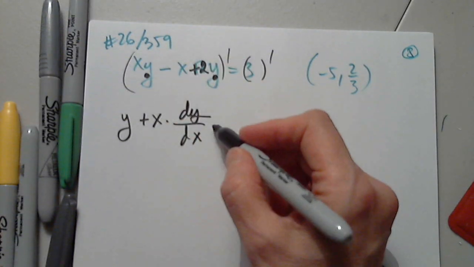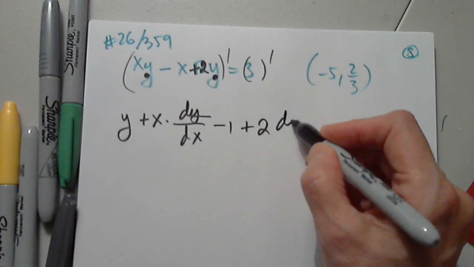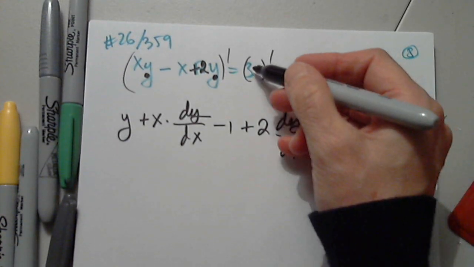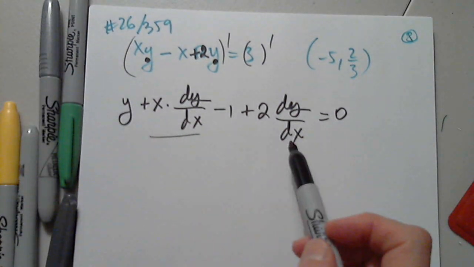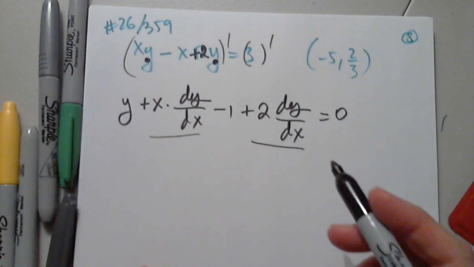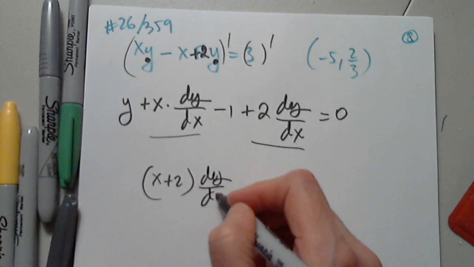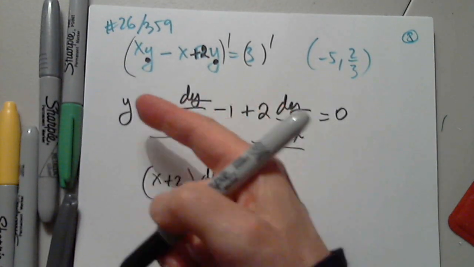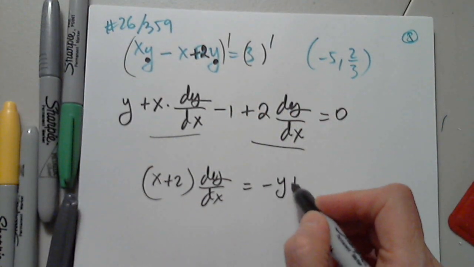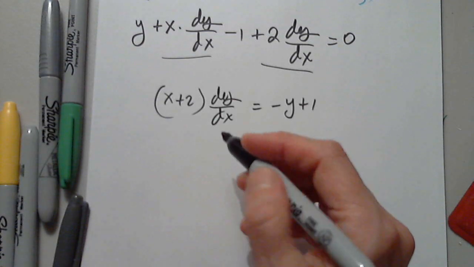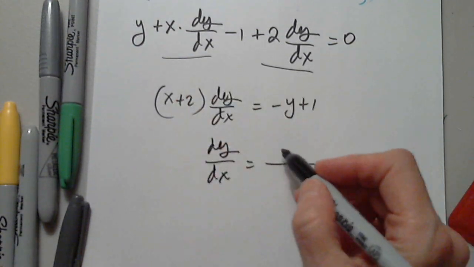Then minus 1, plus 2y will be plus 2 dy over dx, and this differentiated equals 0. See, two terms have dy over dx, so x plus 2 times dy over dx we have to factor out. I move y to the other side and I move 1. So negative y plus 1. And that's it. dy over dx equals this over this.